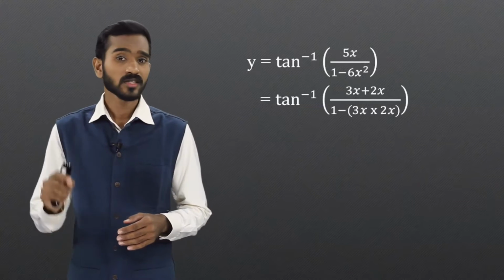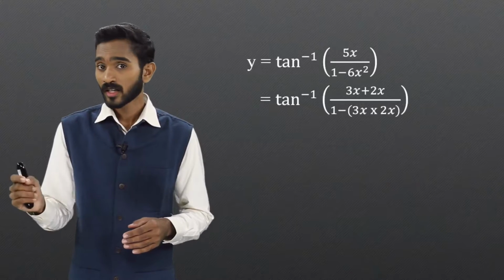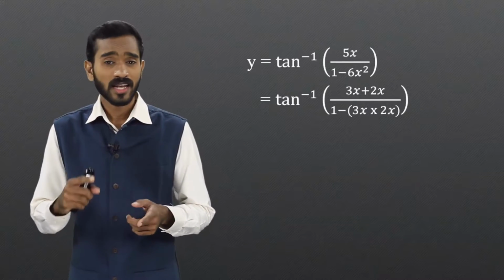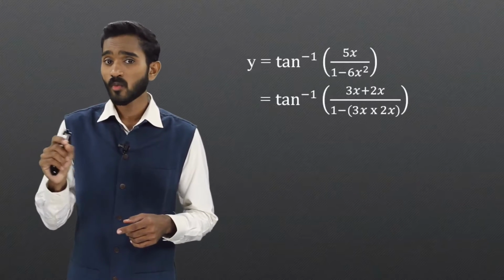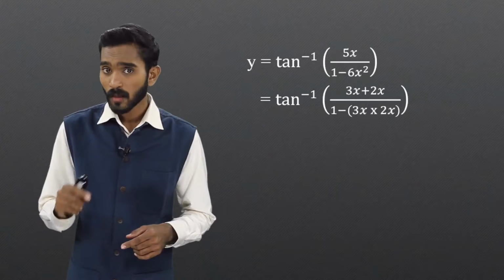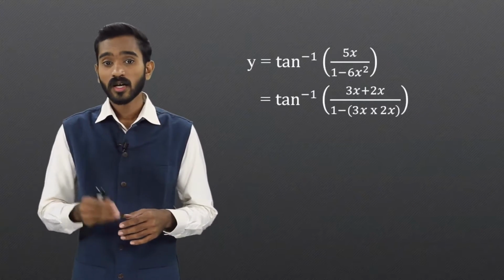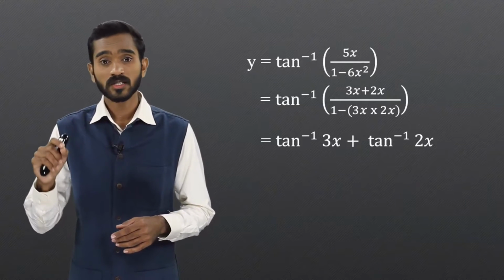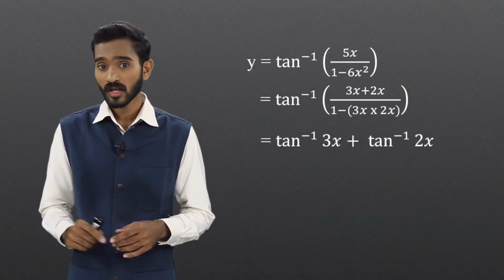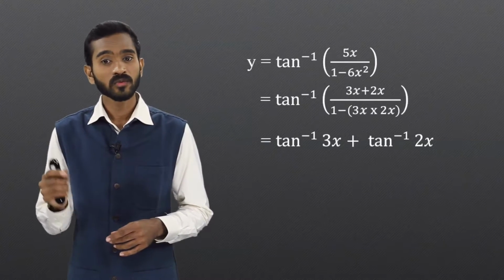Now this is in the form tan inverse of a plus b divided by 1 minus ab. So what is tan inverse of a plus b divided by 1 minus ab? That is equal to tan inverse a plus tan inverse b. So here we get y is equal to tan inverse 3x plus tan inverse 2x.